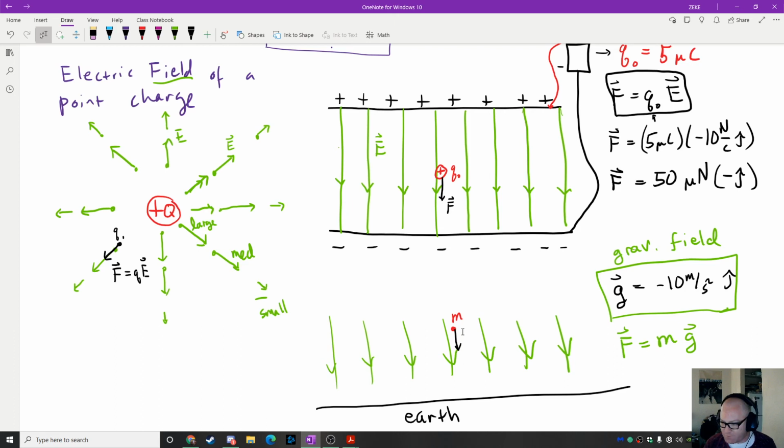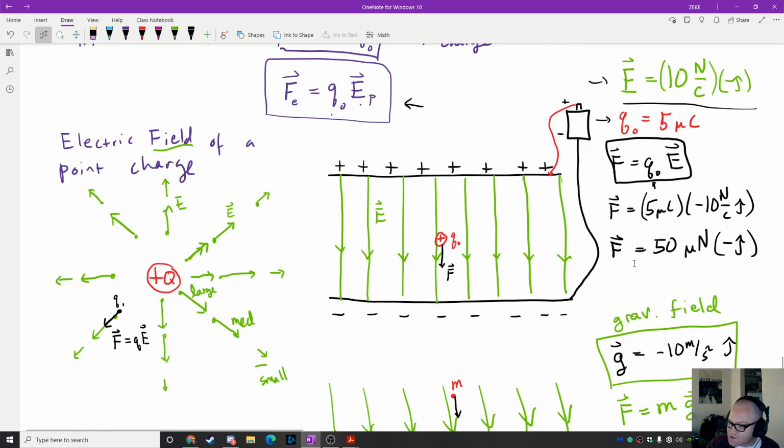A field and a force, they're not the same. They're different, okay? To go from a field to a force, you need something to multiply by. They are both vectors, but they're different. It's a different way of describing exactly the same thing. You did this in Physics 1A, right? You learned Newton's laws, and then you learned about work and energy. And you learned you can solve problems using either Newton's laws or by using work and energy.